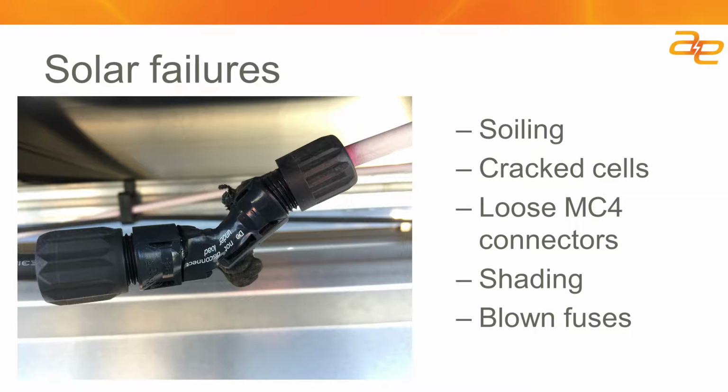And then lastly, blown fuses. Sort of in the same line of the loose MC4 connectors, blown fuses tend to happen early in the process if there is a wiring error. They don't generally happen on an ongoing basis unless there's an electrical problem, and certainly those things do happen from time to time after construction.